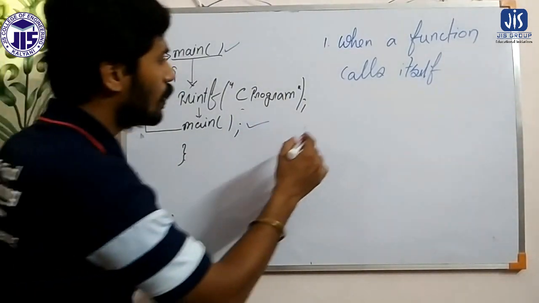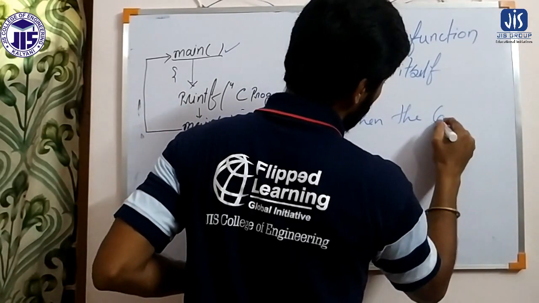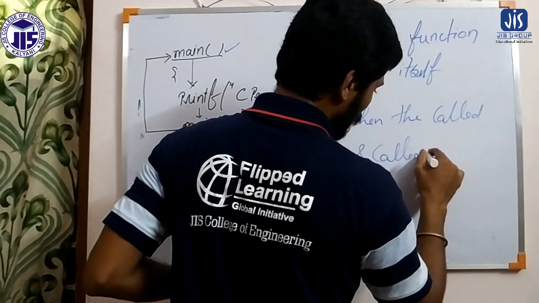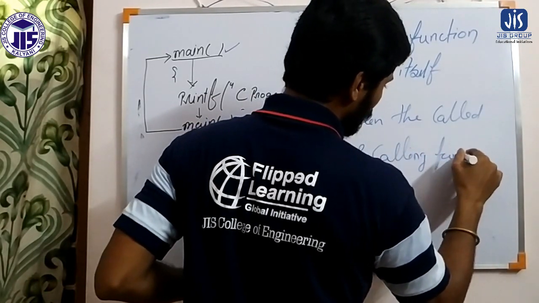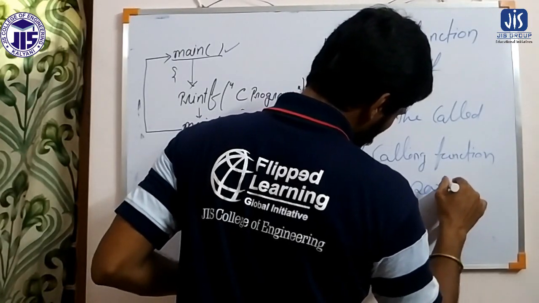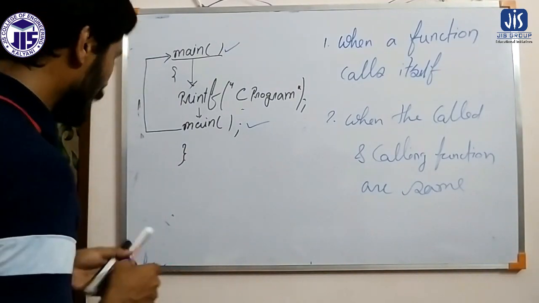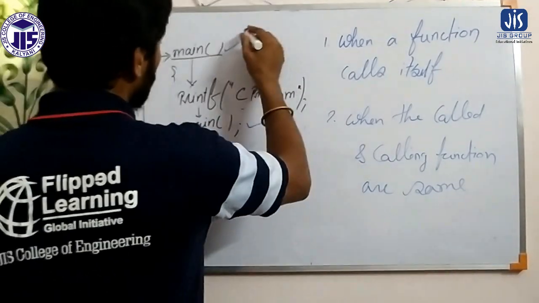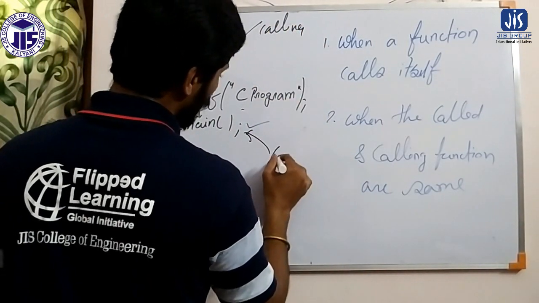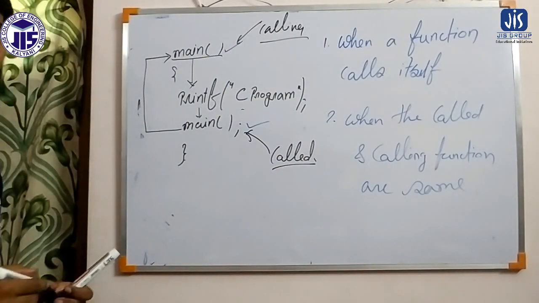In other words, what we can say is when the called and calling function are the same. Here you can see main is the calling function and the called function is also main. So when the calling and called function both are the same, that is also called recursion.